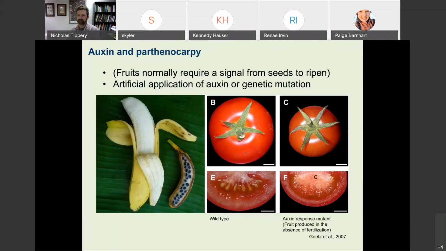The ones that we find interesting to study in this context are ones that make cells not respond to the hormone signals in the usual way. So on the right-hand side here, these two are tomatoes that are ripening with no seeds on the inside. So no fertilization happened, and this plant still invested in making a fruit. So not in its best interest, but very interesting for us to know about in the lab.